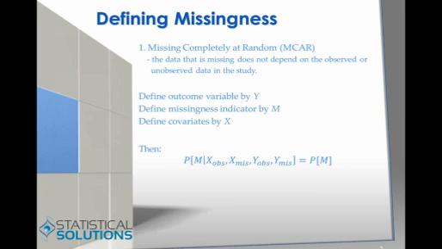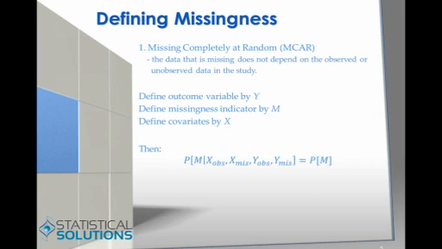Missing completely at random corresponds to the data that is missing not depending on the observed or unobserved data in the study. So nothing that you have recorded in the study or not recorded can explain the missing data.